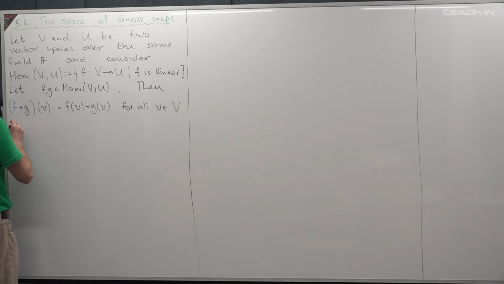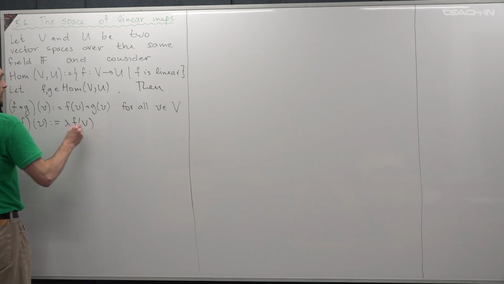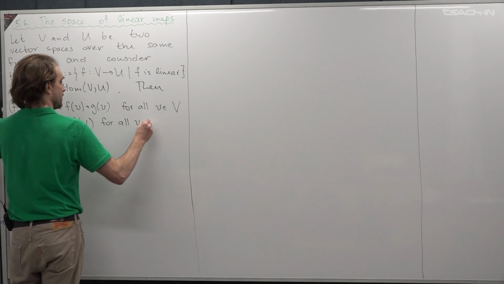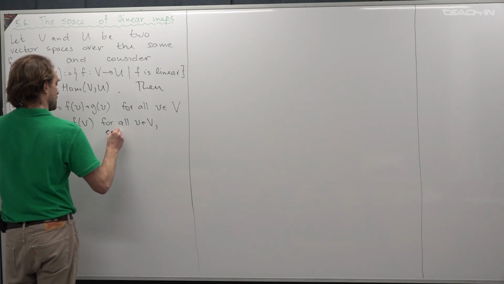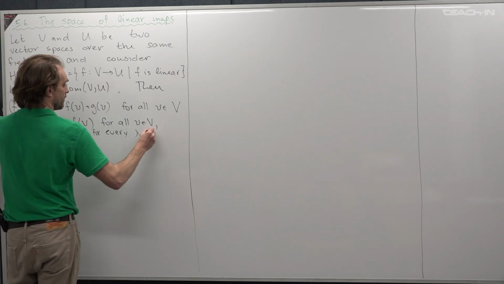And in the same way, I'm going to multiply a linear mapping by a scalar lambda, and in order to define this product, I will set lambda times f of v for all v from V, and for every lambda from the field.